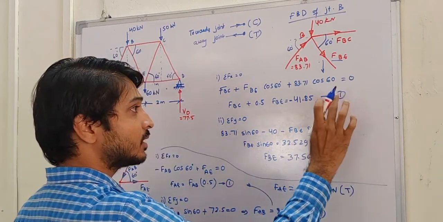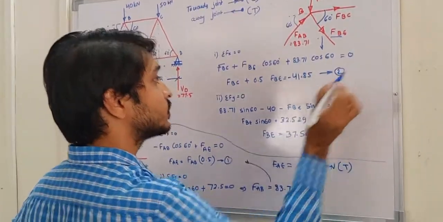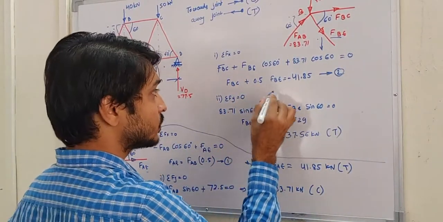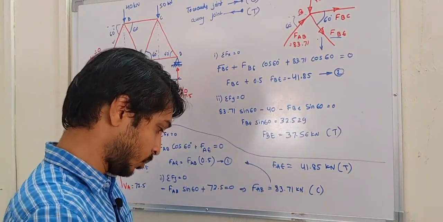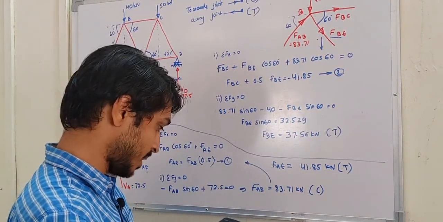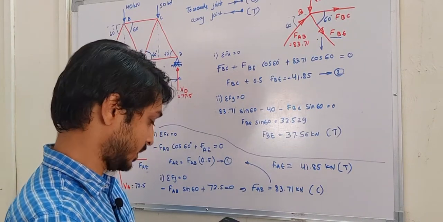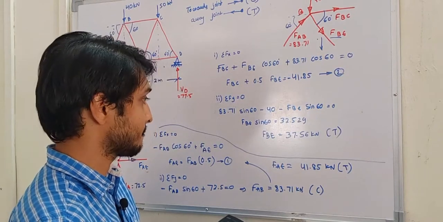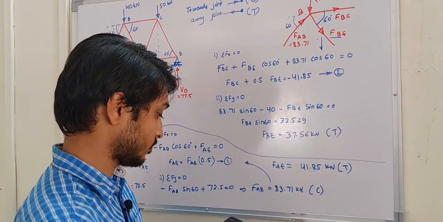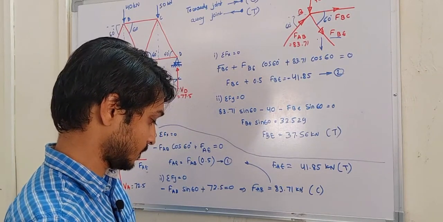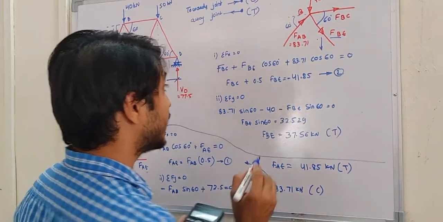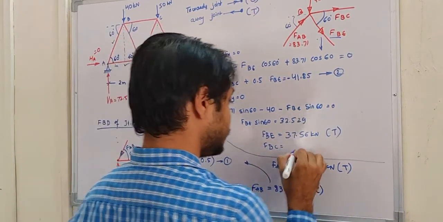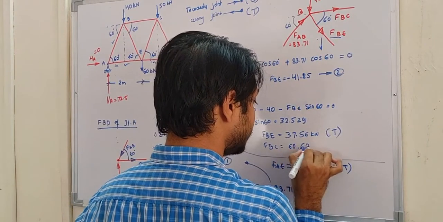Substituting back this in equation number 1, and I'll call the second one 2. So from the equation, if I substitute back here into 0.5, minus 41.85, I have got FBC equals 60.63, that is minus.